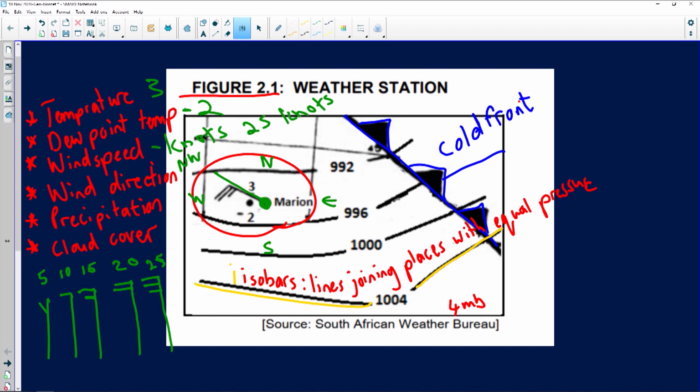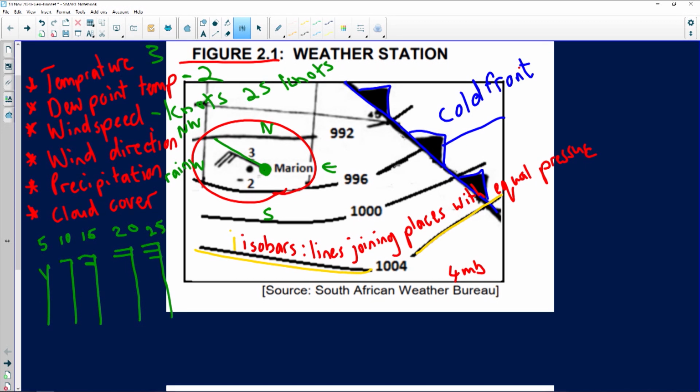As you can see, next to the cloud cover, we have a symbol that represents precipitation, and that symbol is rain. And as you can see, the cloud cover, we express it in octaves. That's the body. I just want to quickly remove that. The body of the weather station model, as you can see, it's this area over there.